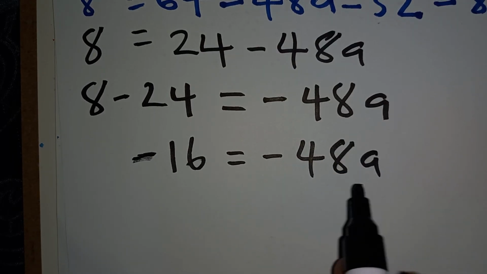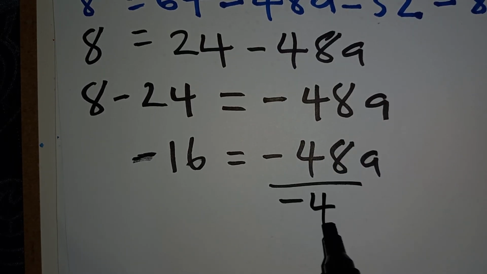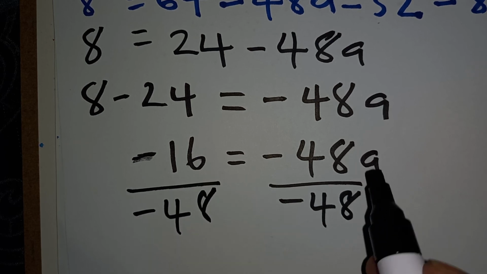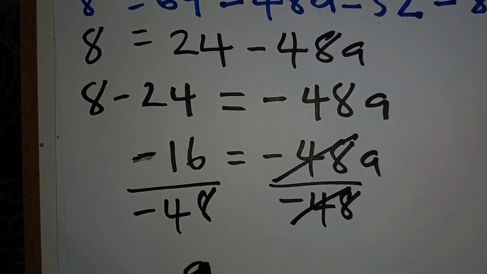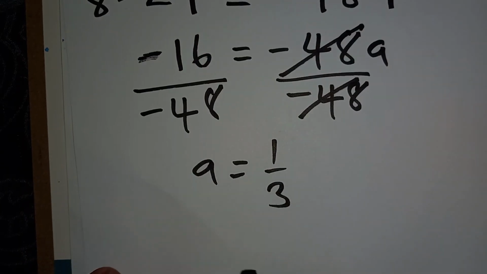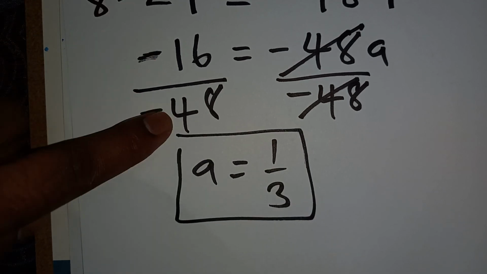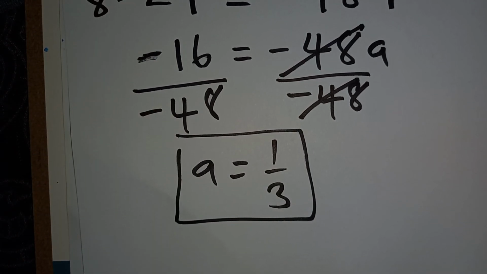Now you need the value of a, so divide by minus 48, cancel this, value of a comes to 1/3. Negative 16 divided by negative 48 is 1/3.